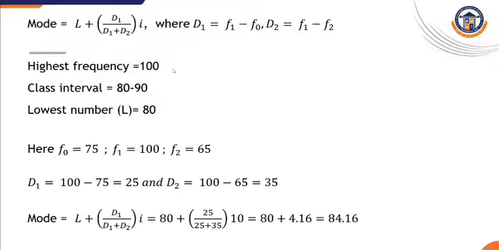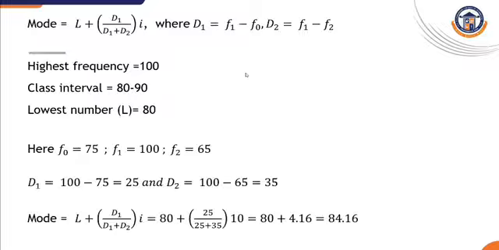The frequency interval is 80 to 90, and the lowest number selected is 80. The previous frequency F0 is 75. The highest frequency F1 is 100, and the next frequency F2 is 65.